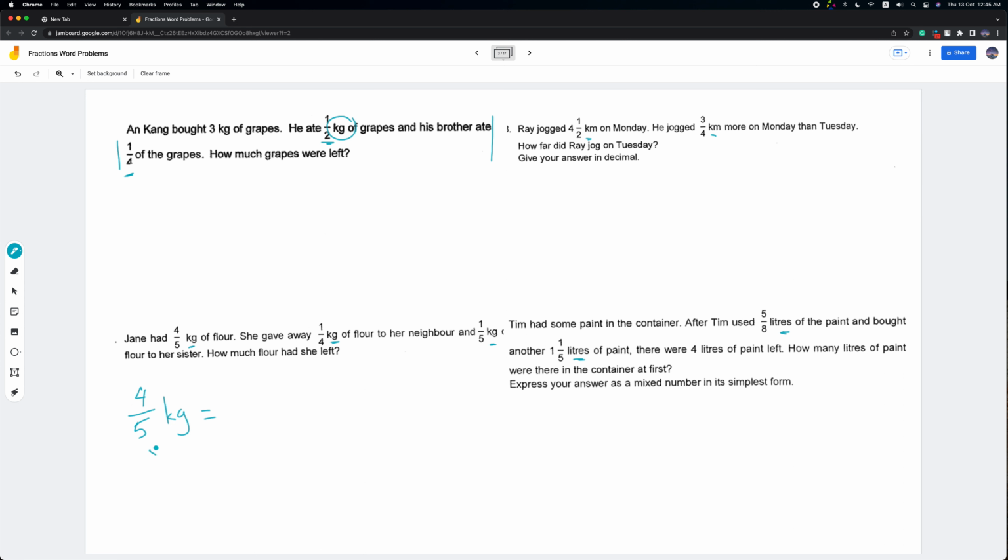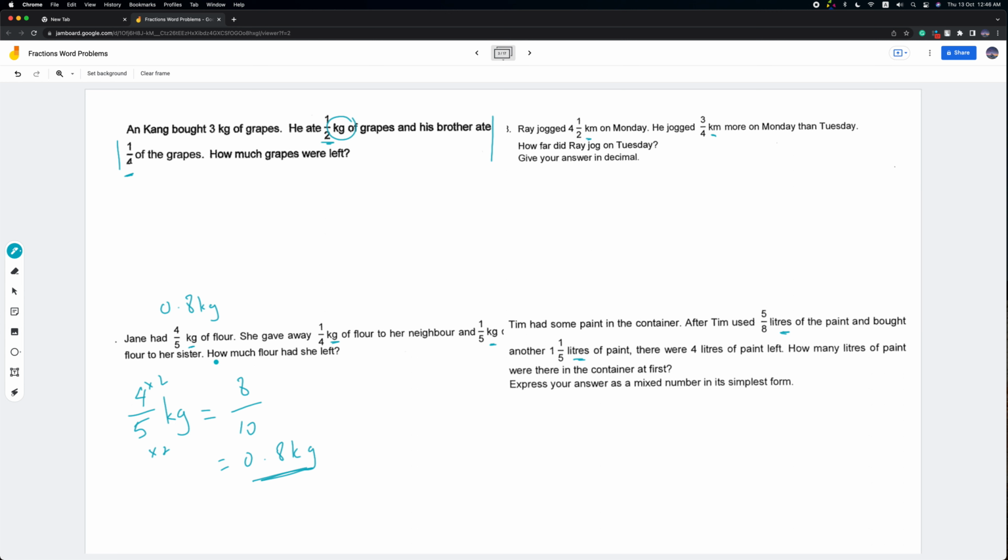So if we make the denominator 10, we times 2, we get 8 over 10. This just means 0.8 kg. This is what 4/5 kg means. When we say Jane had 4/5 kg of flour, it basically means she has 0.8 kilogram of flour.